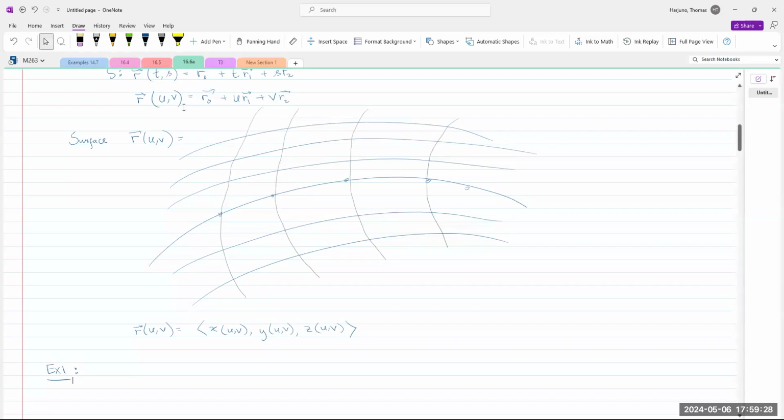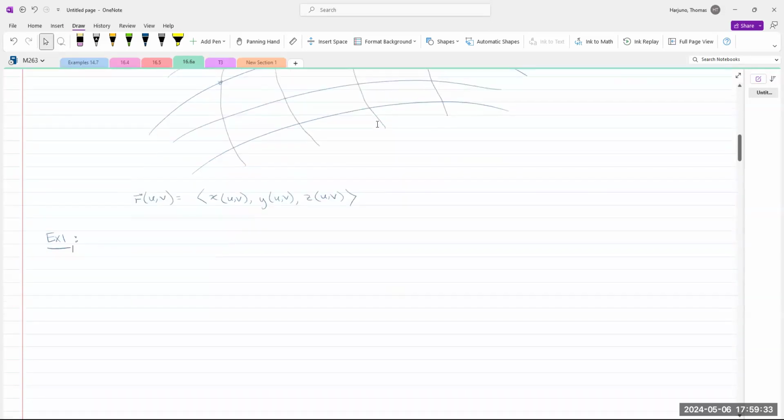And one of the key methods to be successful in this section is by exposing yourself to some common surfaces, which is different from what we have in chapter 14. Okay, for example, well, R(u, v) equals 2 cosine u, v, and then 2 sine u. Can we imagine what it looks like? Okay, can we describe that?